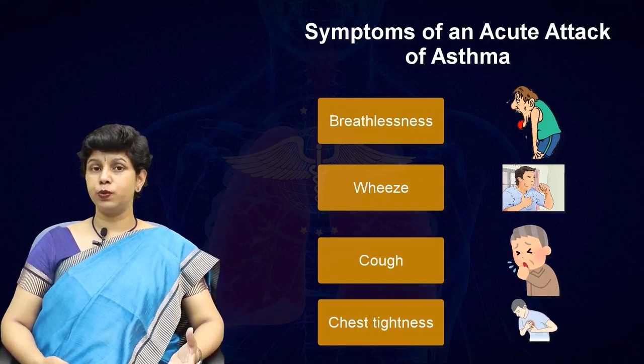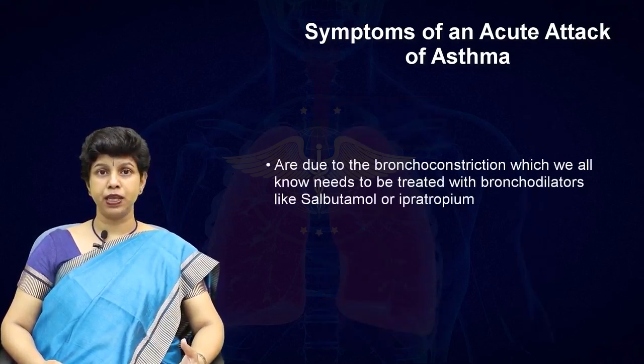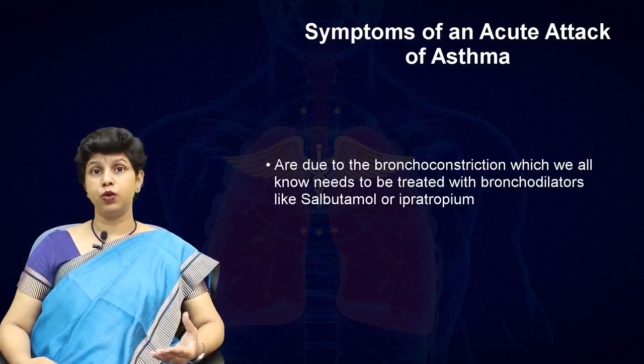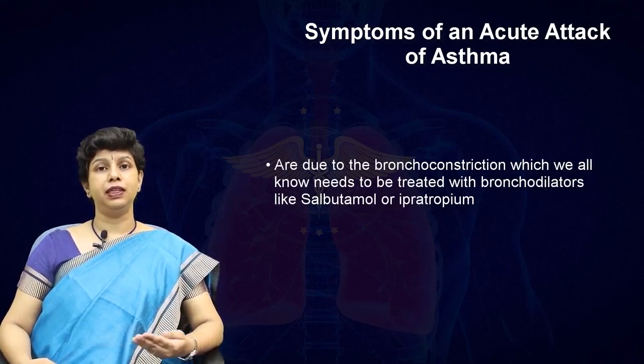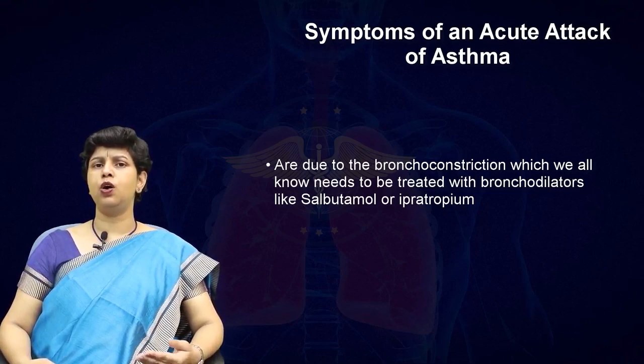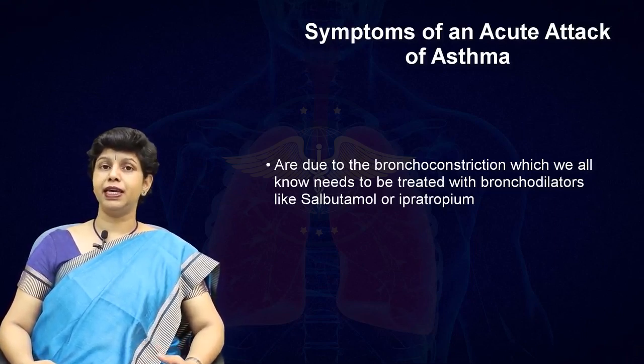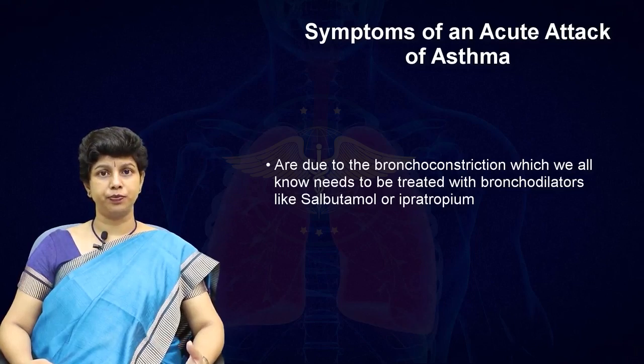In these cases, what do we do? We know that the symptoms are because of bronchoconstriction. So we treat this bronchoconstriction with bronchodilators, either in the nebulized form or orals or maybe even injectables in some cases. And we take care of this bronchoconstriction.